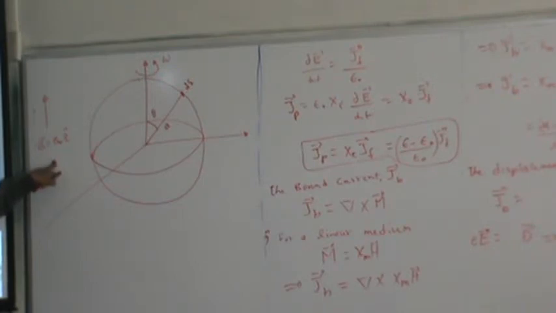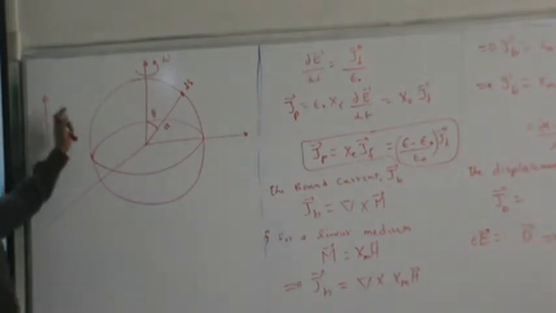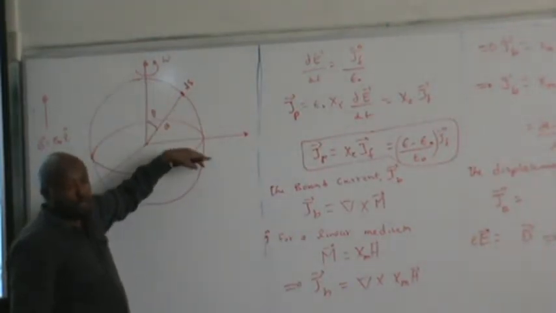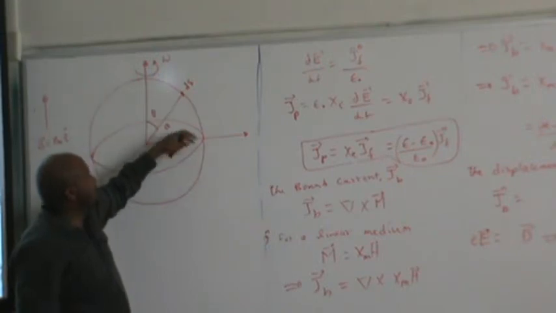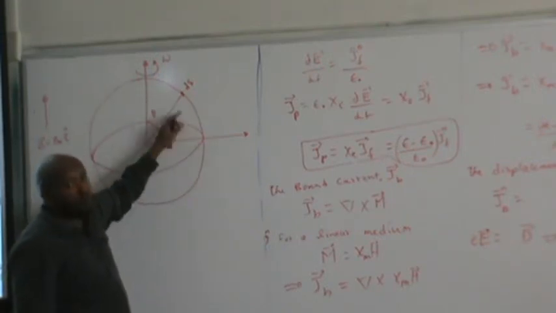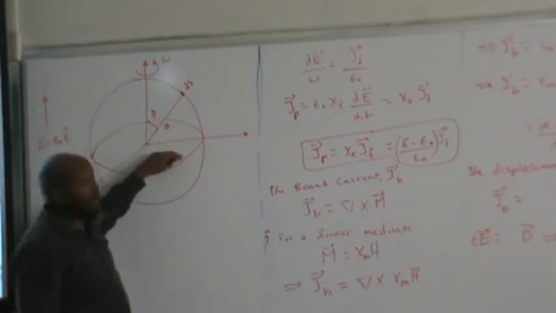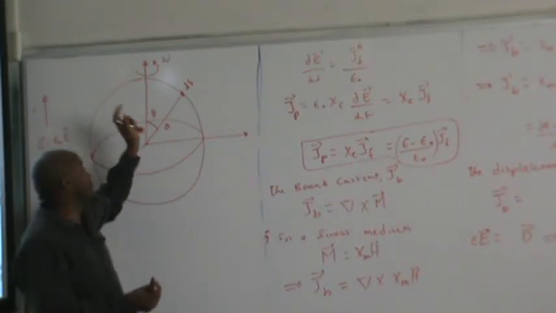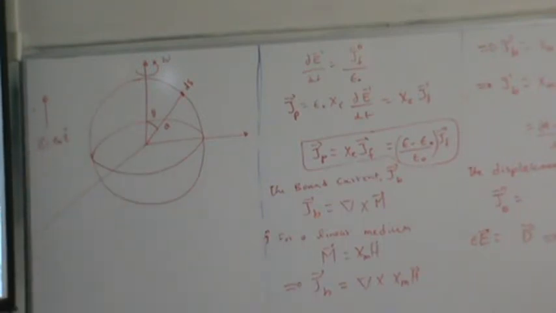Because of that magnetic force, this positive charge is forced to move toward the equatorial plane. Then the negative charge must move in the reverse direction, towards the North Pole. As a result, you have a potential difference between the equatorial plane and the North Pole.